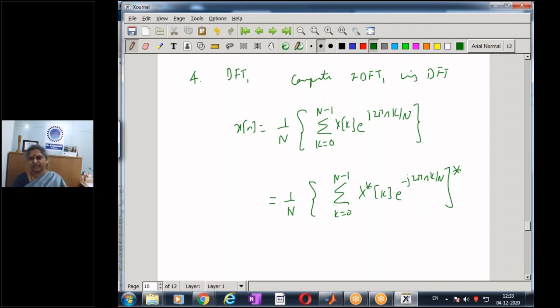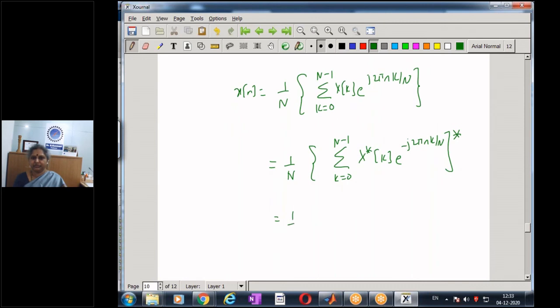So I have not done anything, I'm taking the conjugate twice. Now what is the advantage we get by doing this? The quantity within the bracket, sigma of x conjugate of k e power minus j 2 pi nk by N, we recognize as the discrete Fourier transform of x conjugate of k.